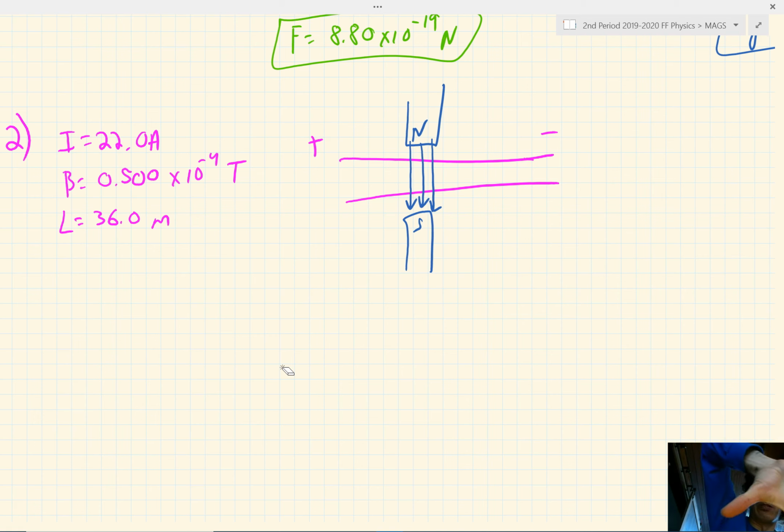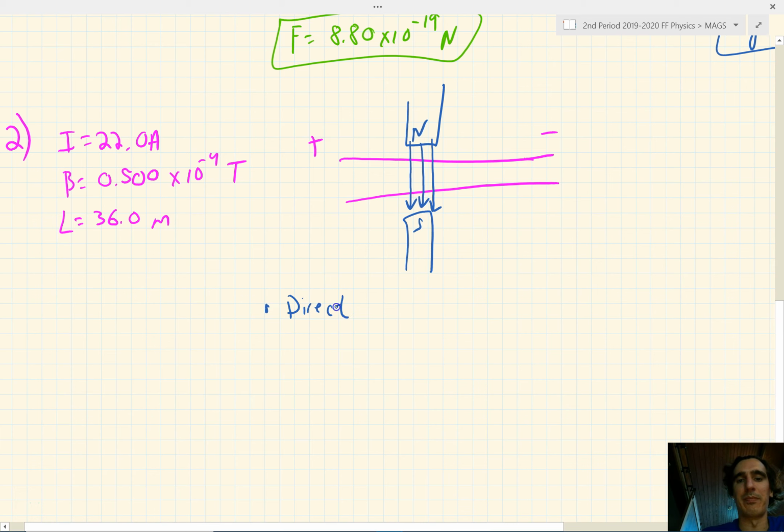Sorry, I know it's hard to see on my screen. And as you can see, our palm is facing into the wall or into the page. So the direction of the force is into the page. So that's the direction the wire will get deflected.